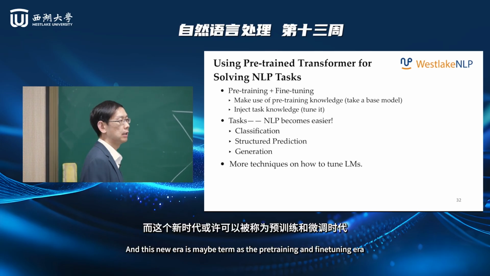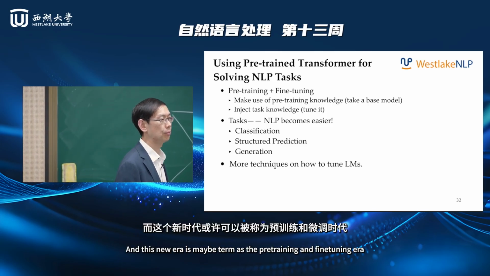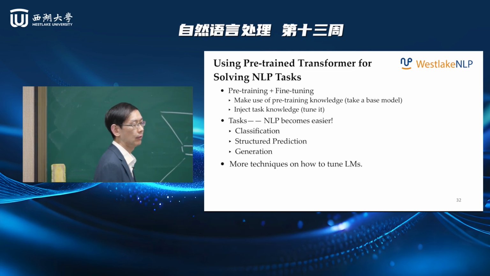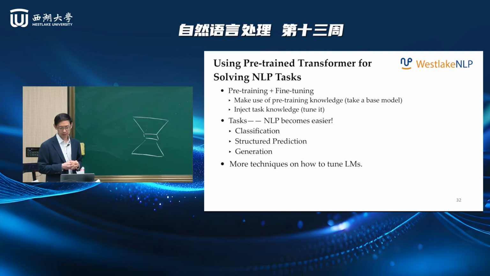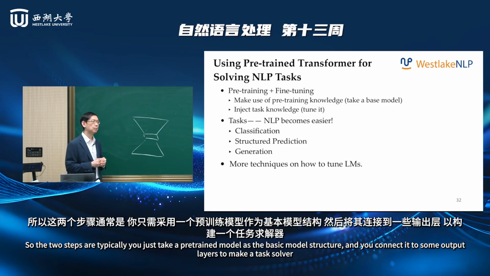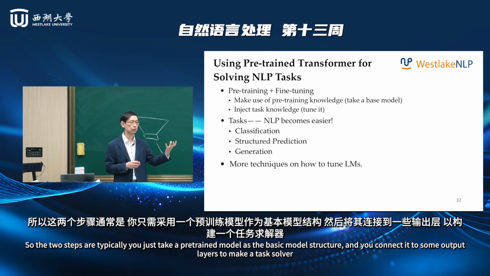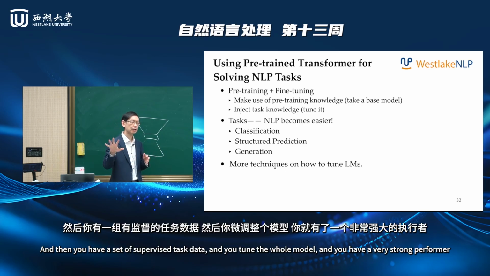This new era is maybe termed the pre-training and fine-tuning era. The 2 steps are typically: you take a pre-trained model as the basic model structure, and you connect it to some output layers to make a task solver. Then you have a set of supervised task data, and you tune the whole model. And you have a very strong performer.